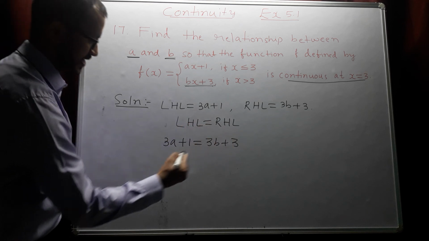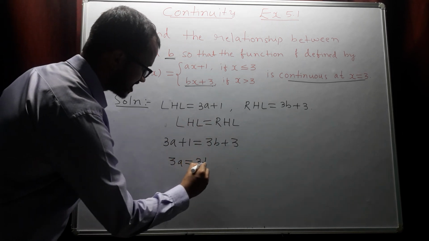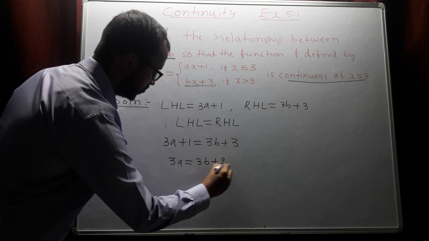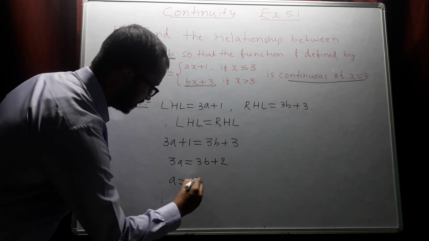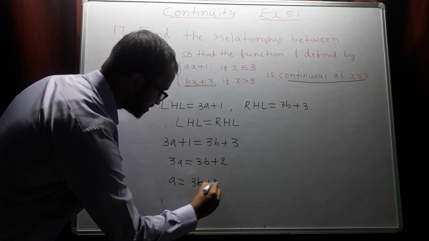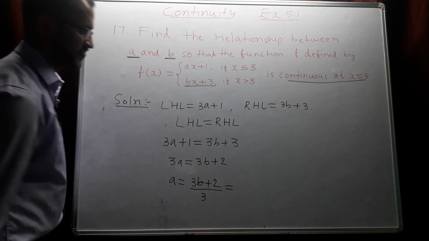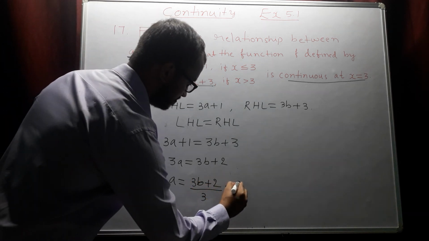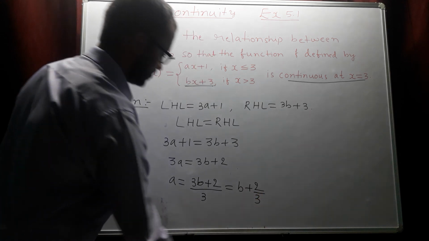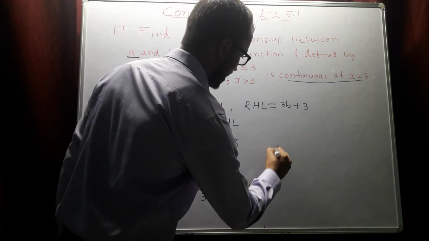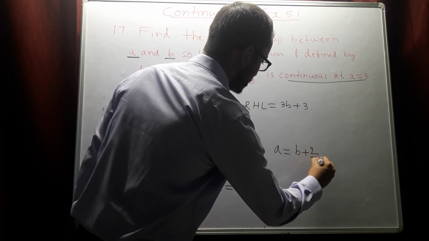Take 1 to the RHS. So 3a is equal to 3b plus 2, or a is equal to 3b plus 2 divided by 3. If you simplify, you get b plus 2 by 3. So we got the relation a is equal to b plus 2 by 3.